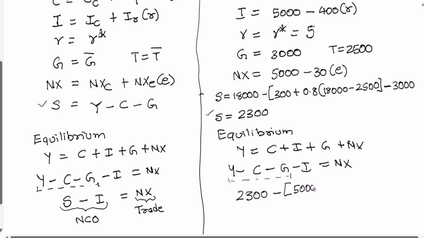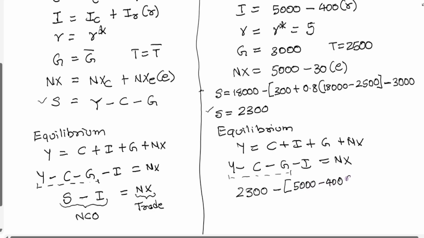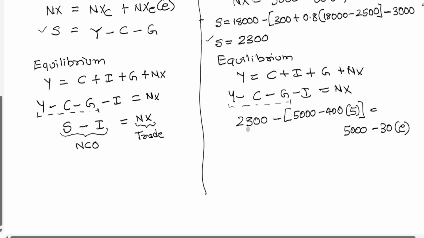So, that is 5,000 minus 400 r, and r in our example we have assumed to be 5, and that is equal to NX, and notice NX is 5,000 minus 30 times exchange rate. So, 2,300 minus investments, which is totaling to 3,000, that negative 700 is our net capital outflow. So, here in this example it is negative, meaning there is a capital inflow, meaning we are borrowing from other countries and we are running a trade deficit.